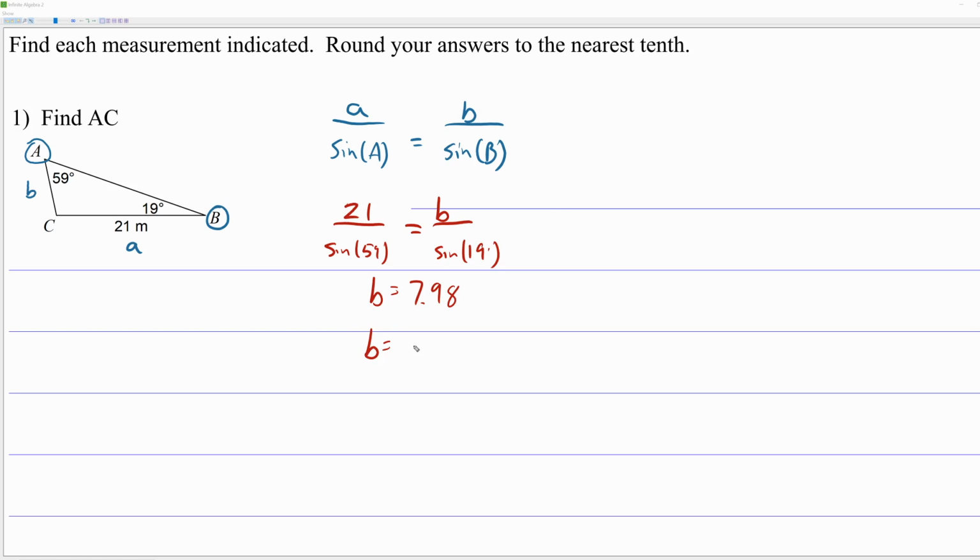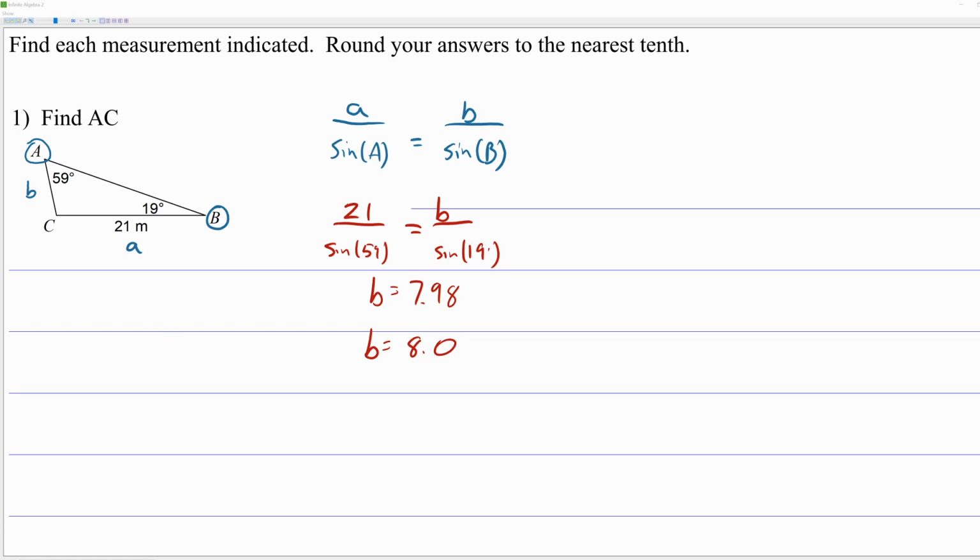So we could say b equals just 8.0, and that would do the trick. So the basic idea with the law of sines is you have a side over the angle across from it, a side over the angle across from it, and you treat this like an equation with 4 variables. If you know 3 out of the 4, you can get the fourth by doing some equation solving.